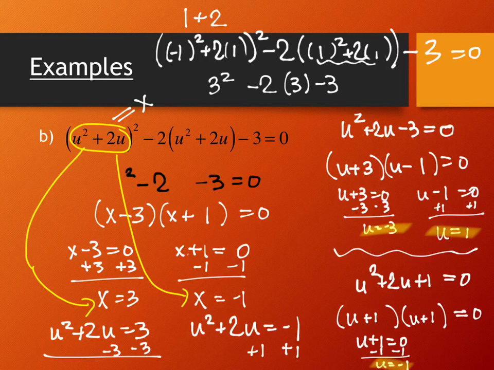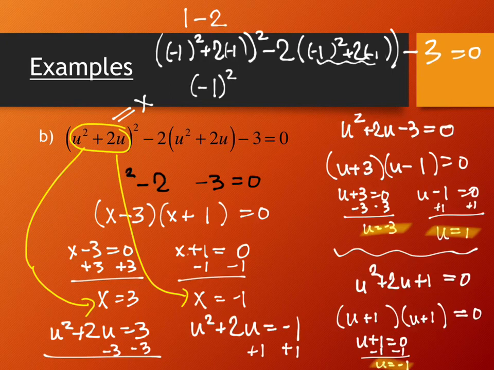And then our last one to check was negative 1. On negative 1, I have negative 1 squared, which is 1. 2 times negative 1 would be negative 2. So 1 minus 2 gives me a negative 1. So inside those parentheses is actually negative 1 this time. So negative 1 squared is 1 on the first one, right?